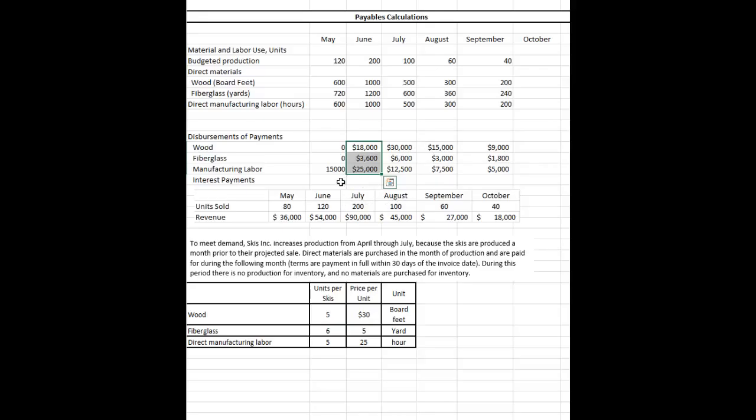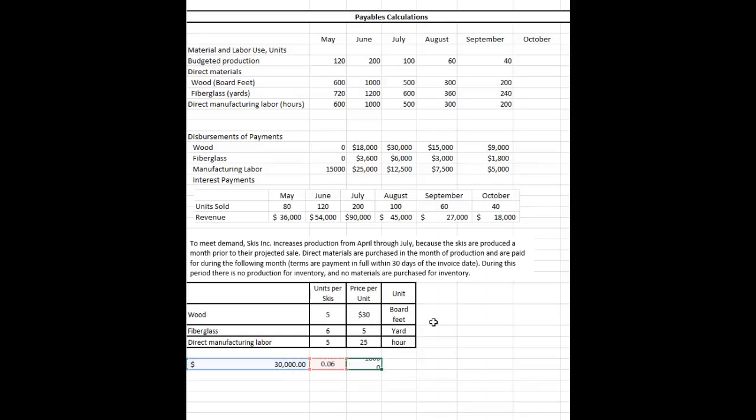My interest payments now, and I didn't copy this over from the problem, so you'll have to go back and look at the problem, but what the problem tells me is that it's a 1-year note and we borrowed that $30,000. I'll just do the calculations right down here. We borrowed that $30,000 in a cash crunch that we had, and the note was borrowed at an interest rate of 6%, and that was a 1-year note with interest payments due every month.